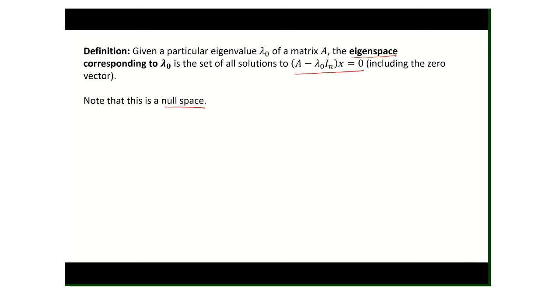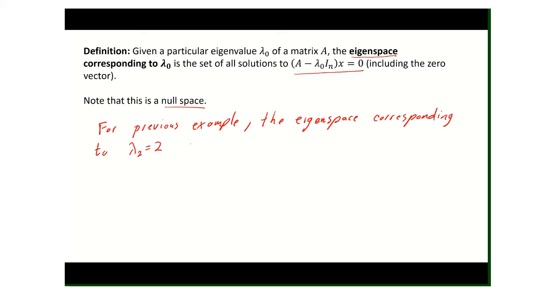So for that previous example, the eigenspace corresponding to lambda 2 equals 2 is the set of all vectors x2 times negative 1, 1, 0, such that x2 is a scalar.